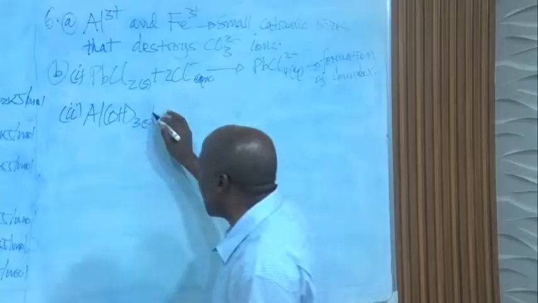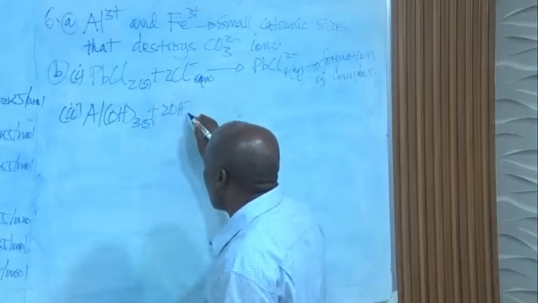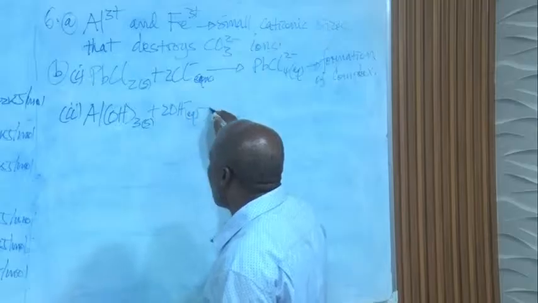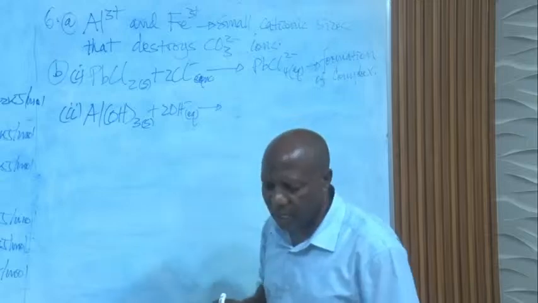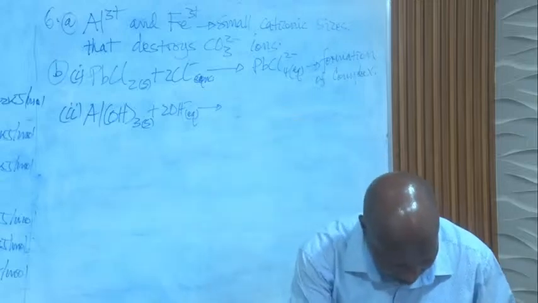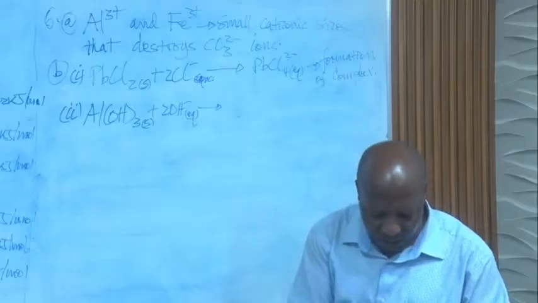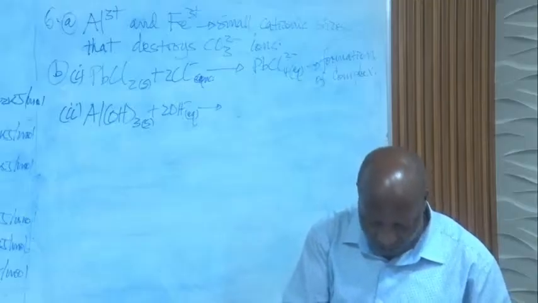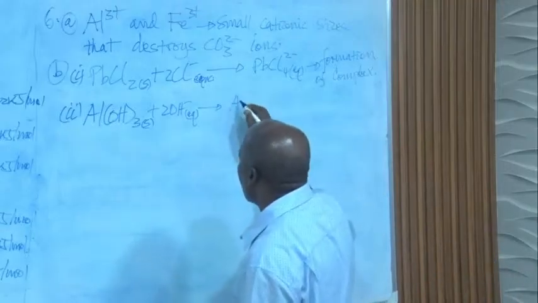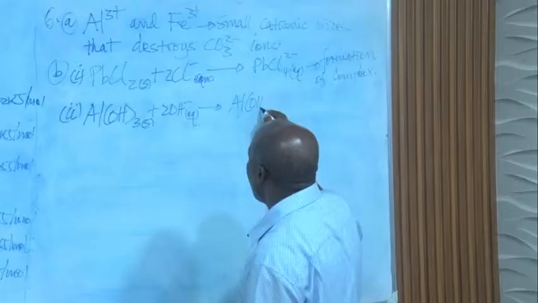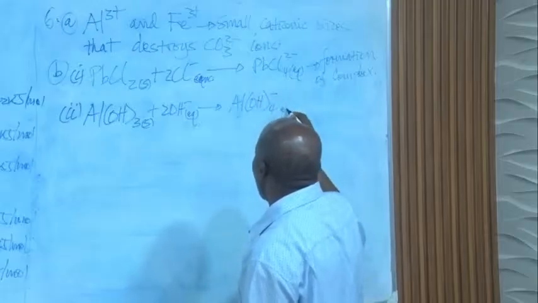But if we add excess sodium hydroxide, then we are going to form an aluminate. Aluminate is soluble in water, so this forms aluminate, Al(OH)4 with charge -1, aqueous.